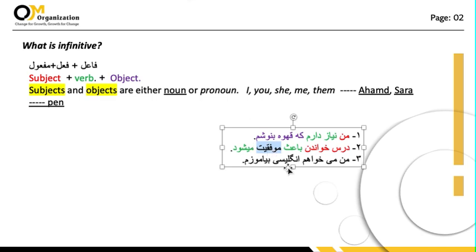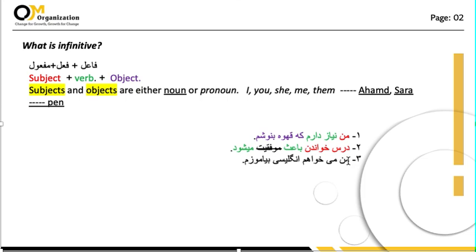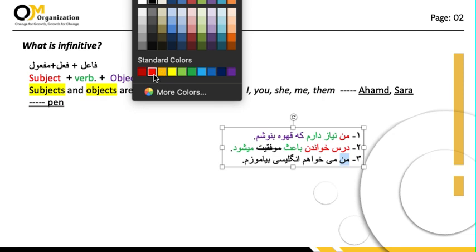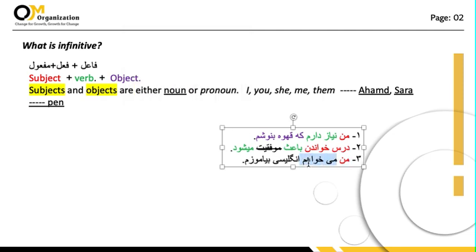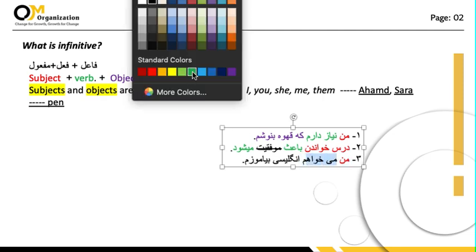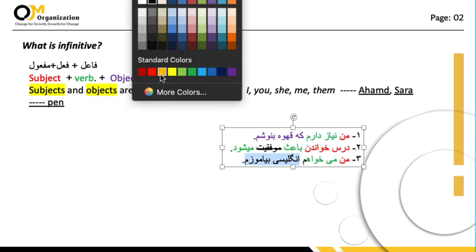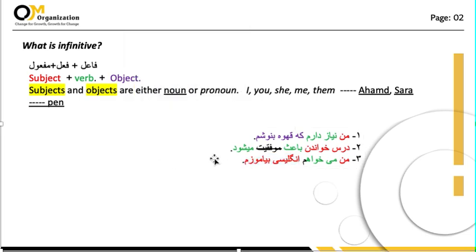Then: من میخواهم انگلیسی بیاموزم. من, again the subject. میخواهم is a verb, and انگلیسی بیاموزم is our object, which is a noun.